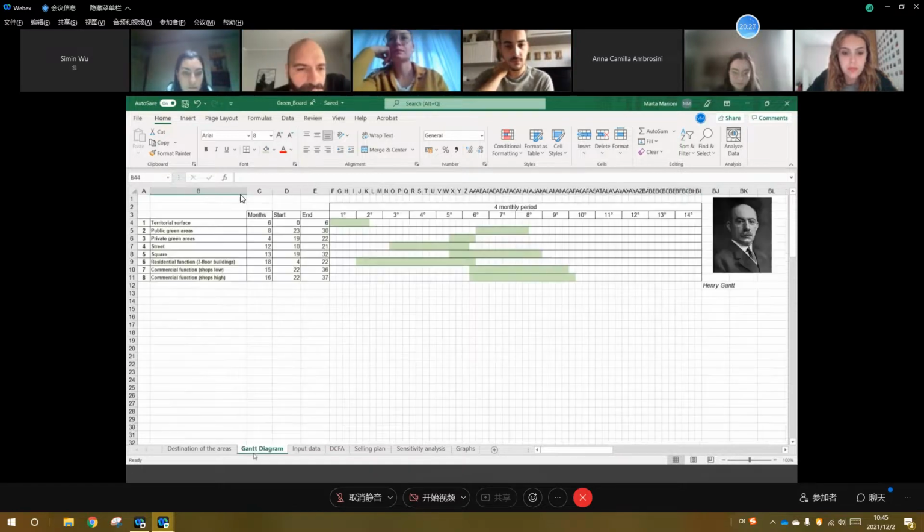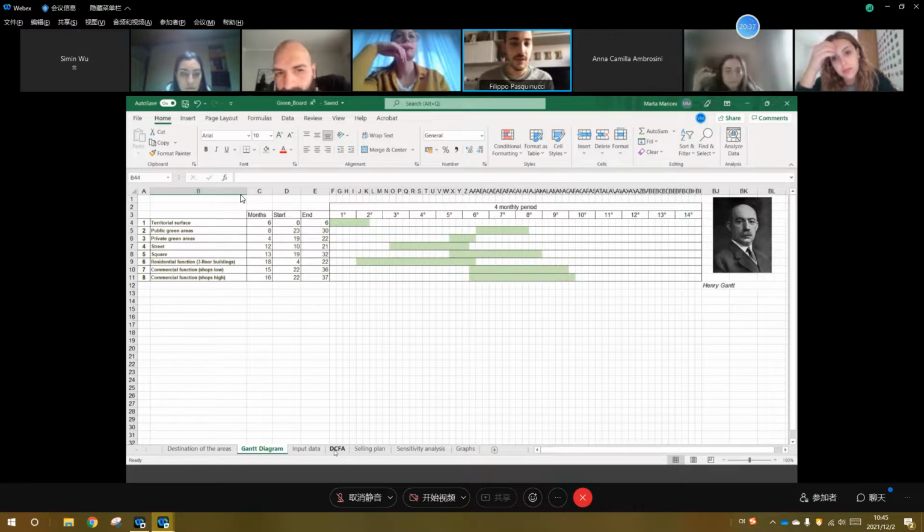Then we can continue with the Gantt chart. For the Gantt diagram, we tried to use the references in the Excel files, but we're not sure how to calculate the amount of time for building, because the number of buildings is different.